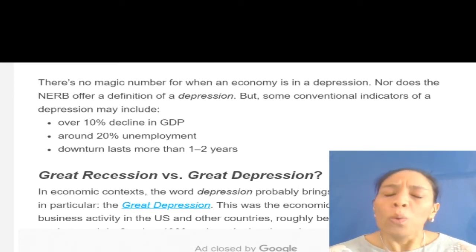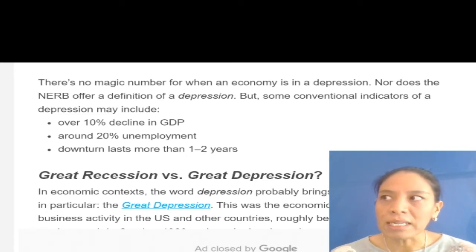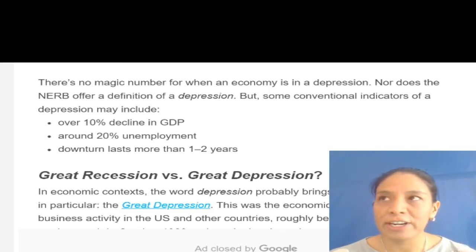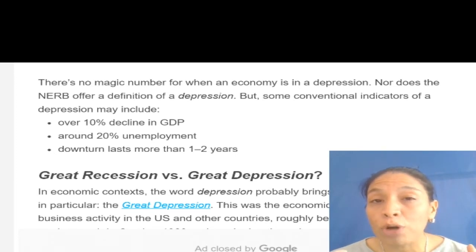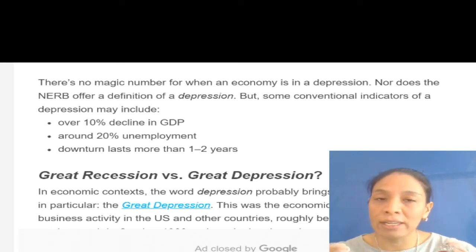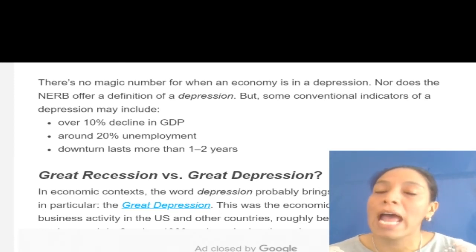All right, so we can say about three things. Over 10% decline: that means that when you go to the CIA World Factbook page or whatever statistical database gives you these numbers and you look for the real GDP growth index, you're going to find a negative number. If you have a minus 10 point something, we're talking about a depression.